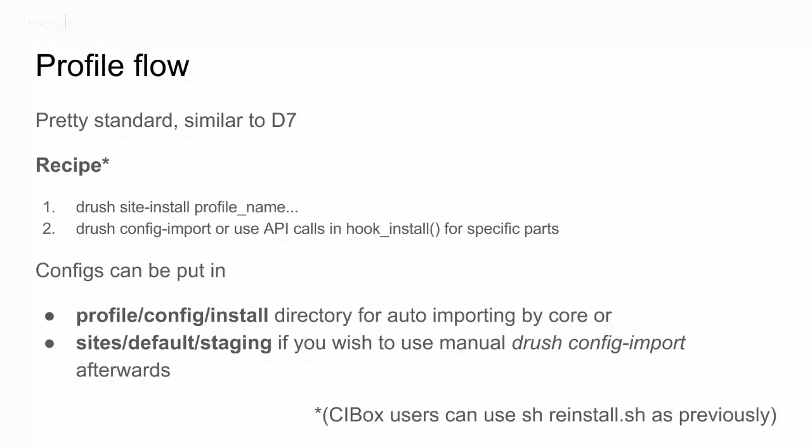It's a standard directory for using the configs by core, or by putting them into the staging file system for importing by drush config import afterwards. Also, for CBOK users, we managed to extend our install script for making this automatically.